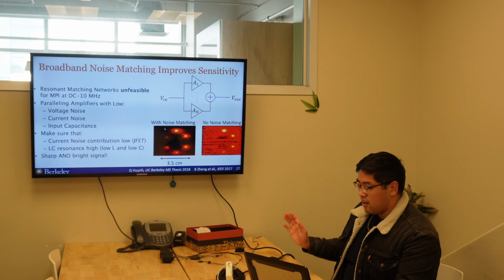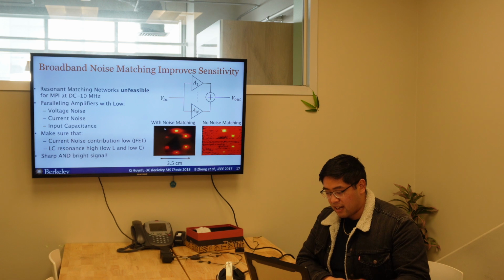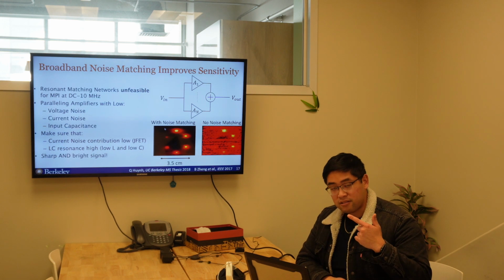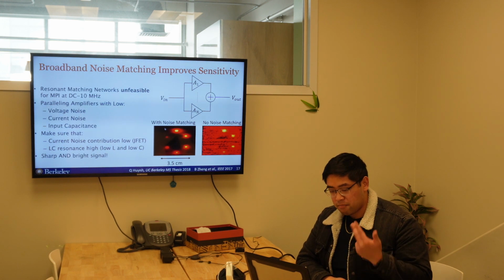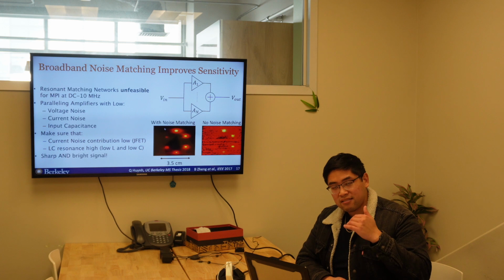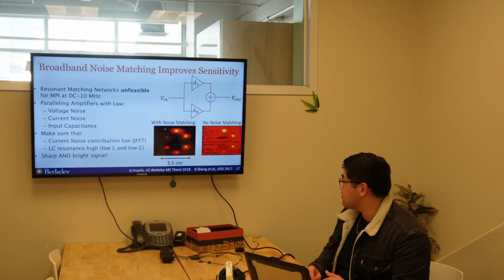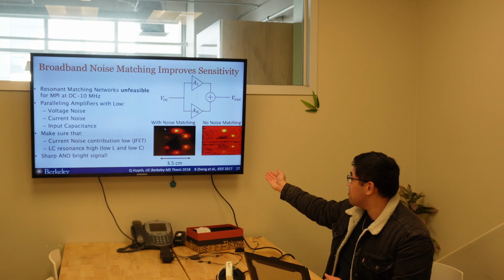To achieve low noise over a desired bandwidth, we need amplifiers that have low voltage noise, but also low current noise and low input capacitance. And we need to make sure that the current noise is low and that the LC resonance is high. All these efforts can achieve a sharp and bright signal.